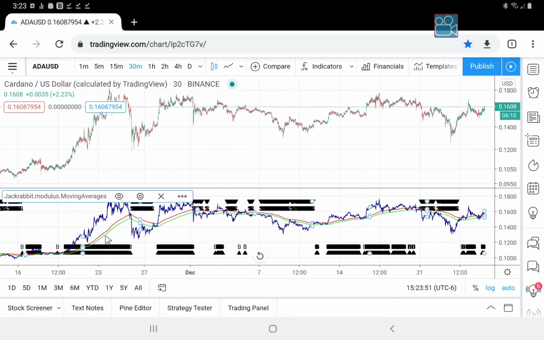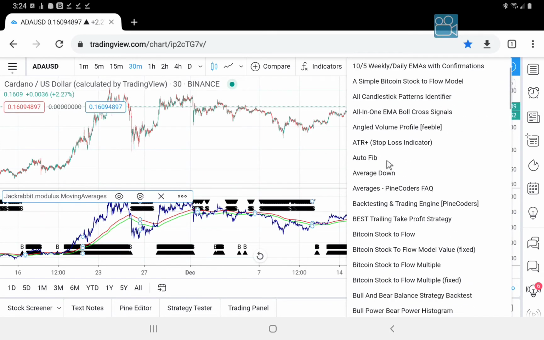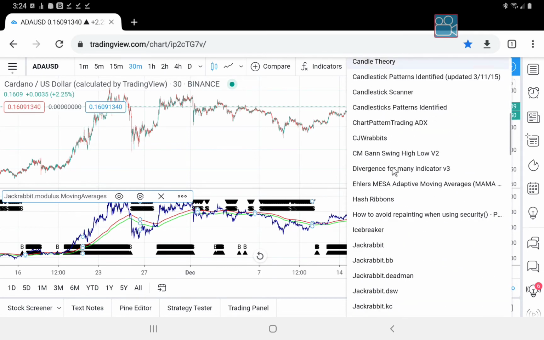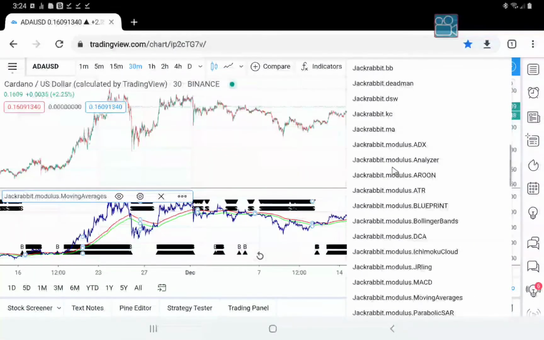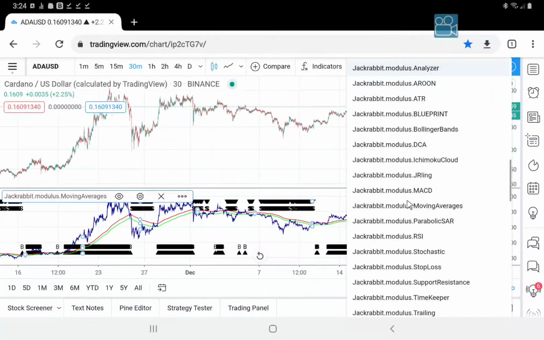When the price is above the momentum, you're in an upwards trend. When the price is below the momentum, you're in a downwards trend. Pretty straightforward.